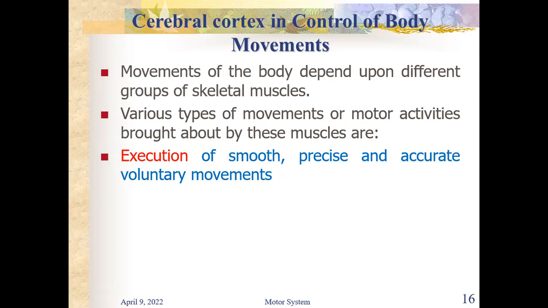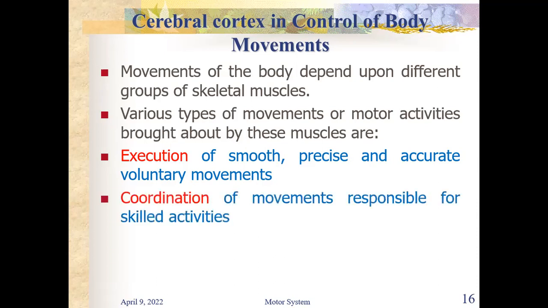These are various groups of skeletal muscles. The various types of movement or motor activities brought about by these muscles are, first, execution of smooth, precise, and accurate movement. That means for movement to be smooth, precise, and accurate, it must be brought about by the contraction of different groups of skeletal muscles.